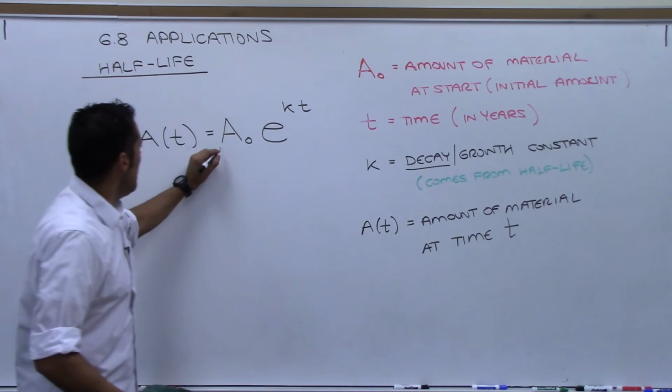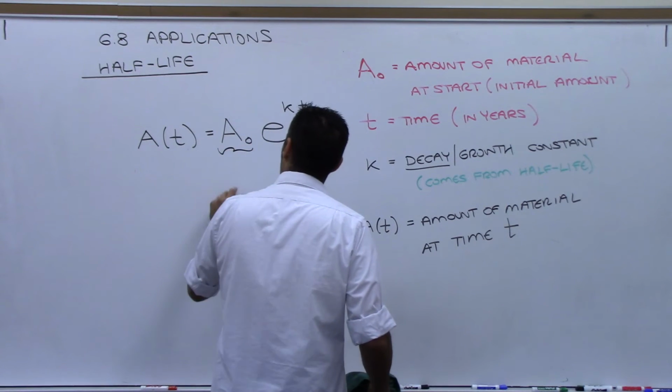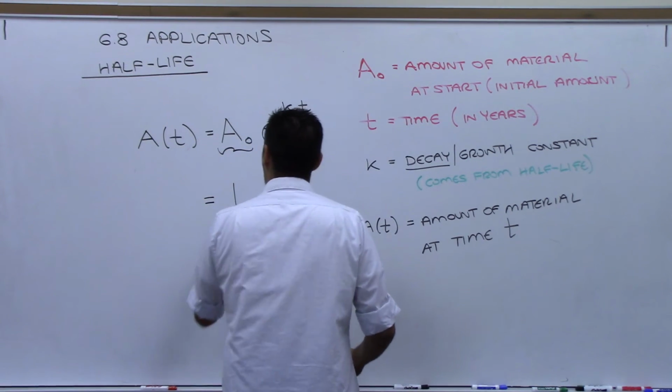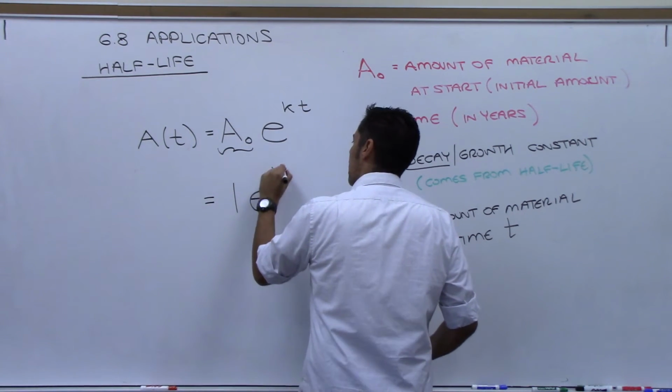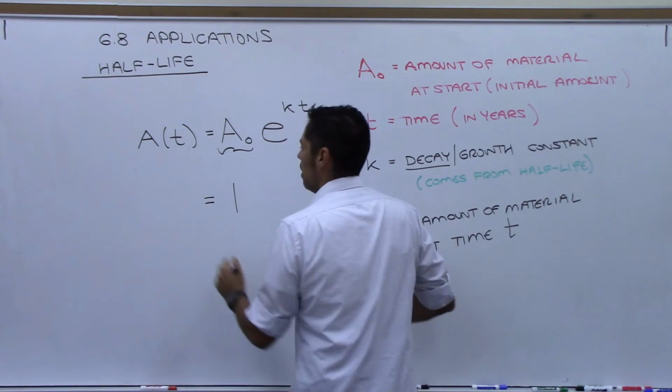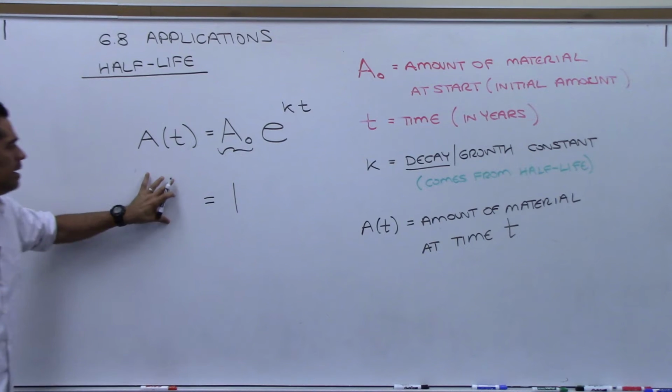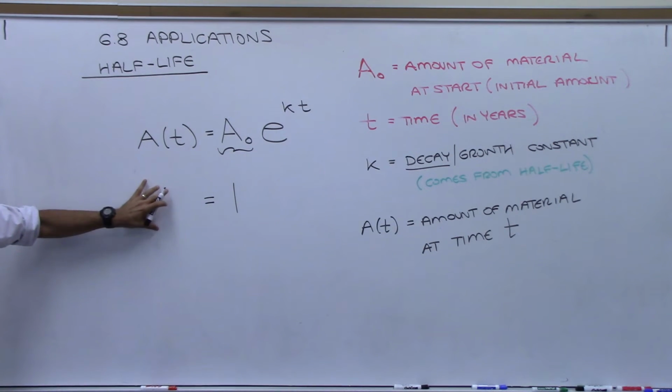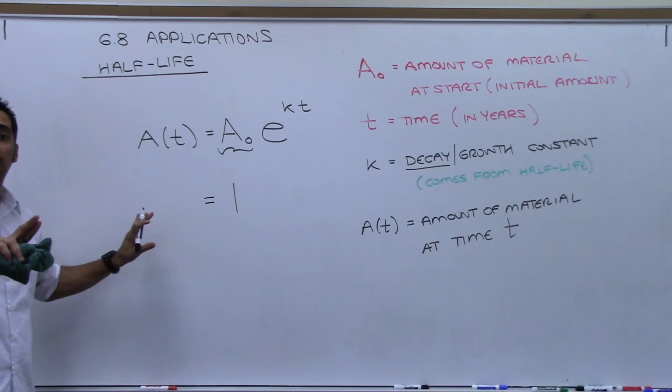So A naught is 1, times e to the kt. Now, how much do I want there to be? For the half-life, there should be half of it, right? Well, 0.56% of it, yes. Yeah, I'm not saying that yet, okay? I'm not saying that yet.